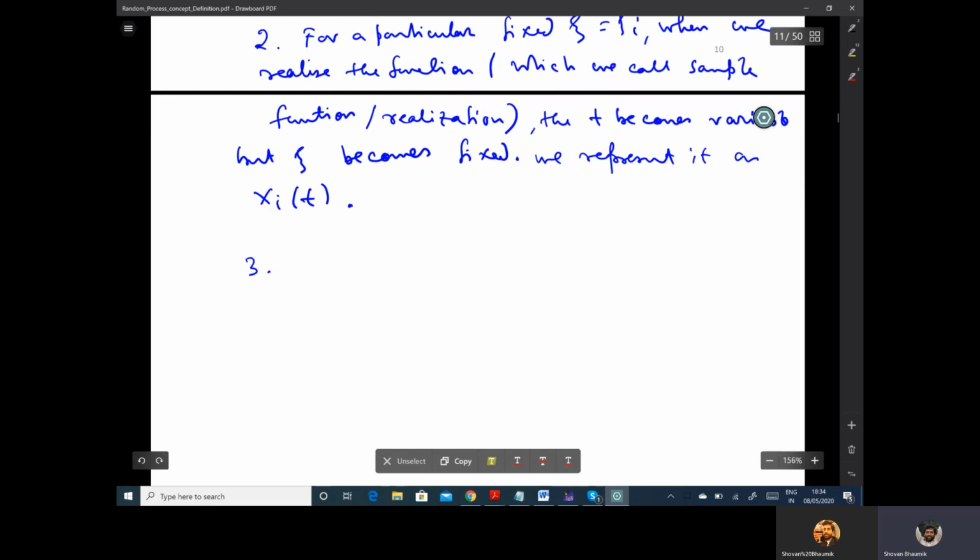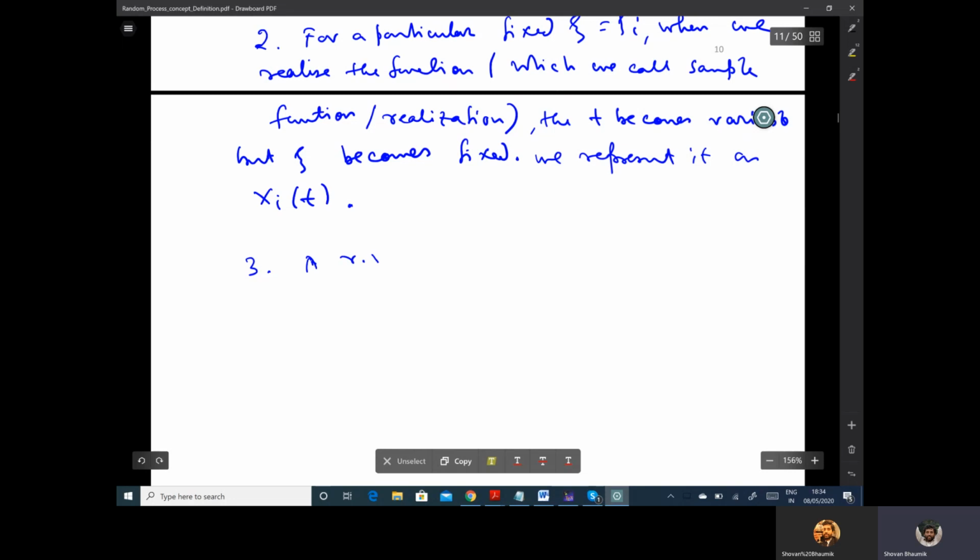The third point is a random variable at some instant, say t1. For some fixed zeta_i, it is a single number, right?